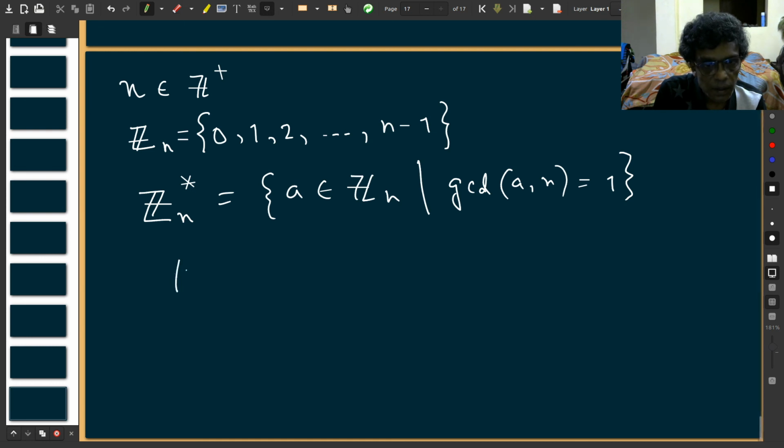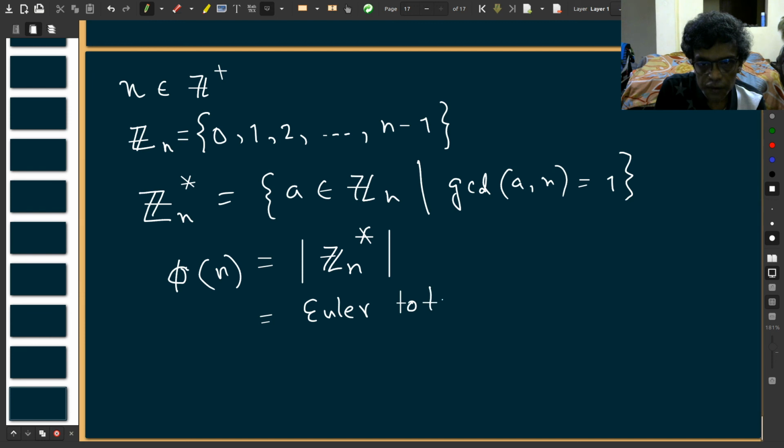In other words, I define this as the size of Zn star. This is called the Euler totient function, or the Euler phi function.